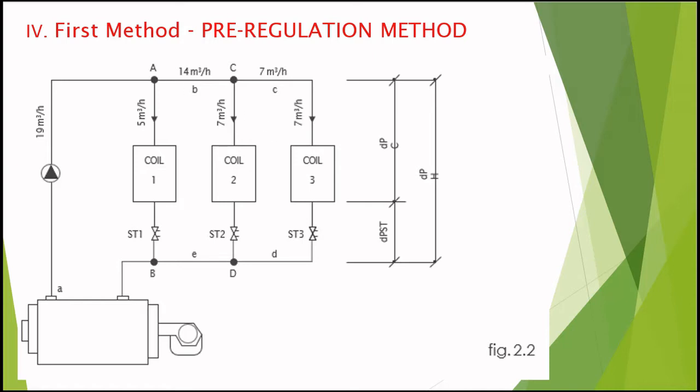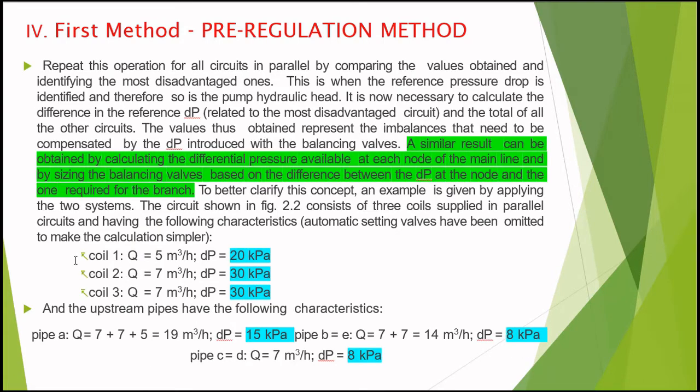So if we consider this, coil 1 has a Q of 5 cubic meter per hour and dP is 20 kPa. And coil 2 and coil 3, each of them 7 cubic meter per hour and dP each 30 kPa.